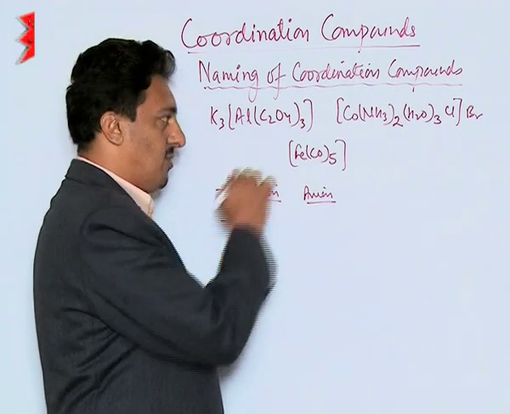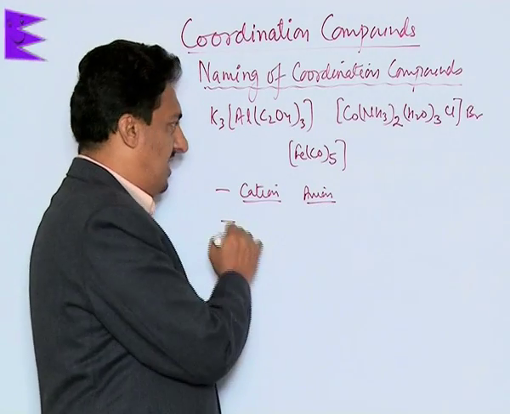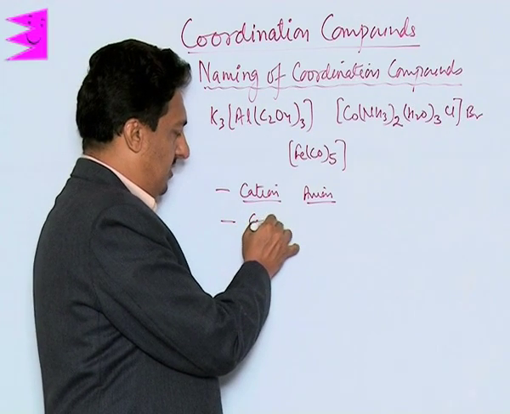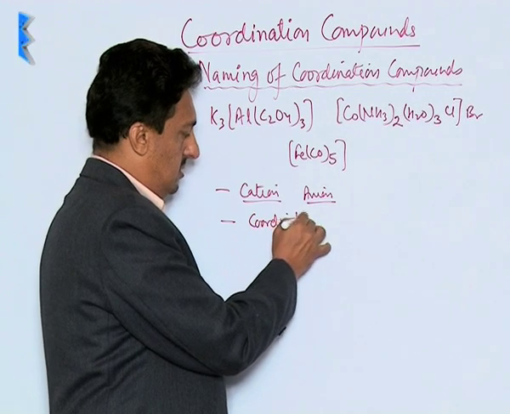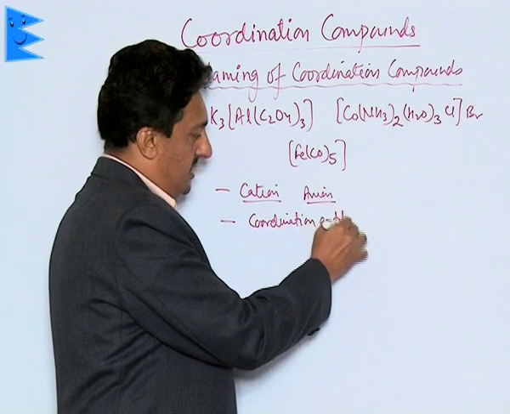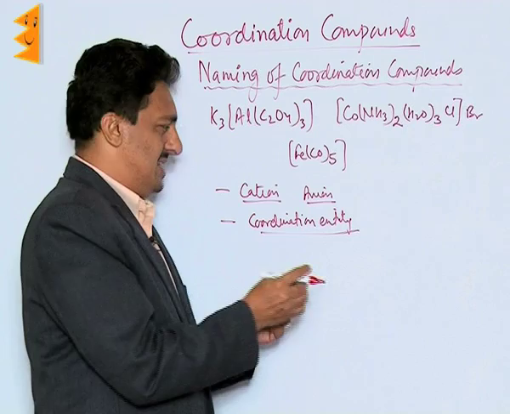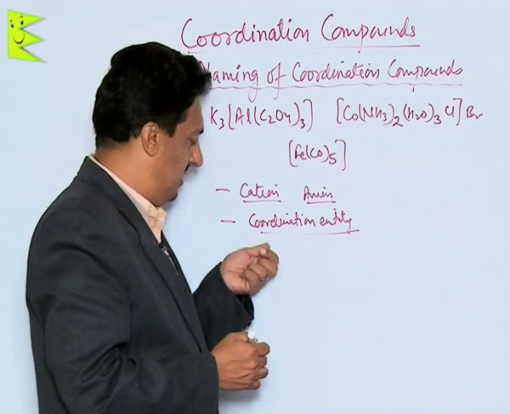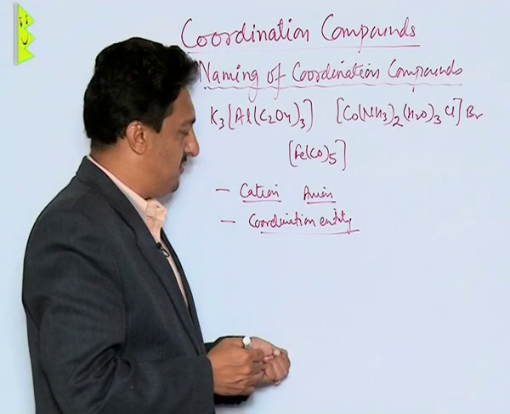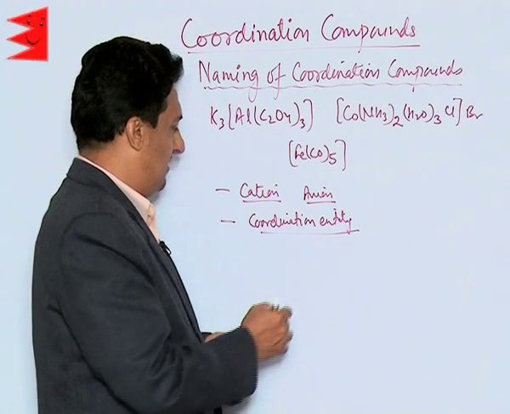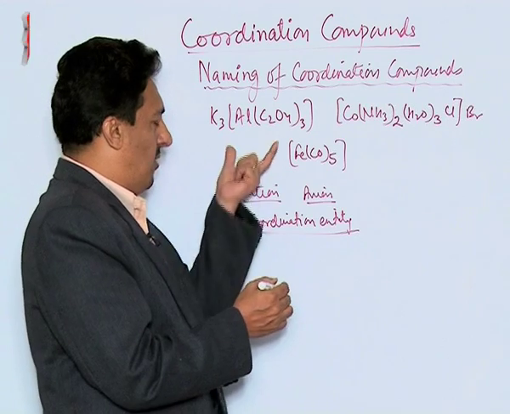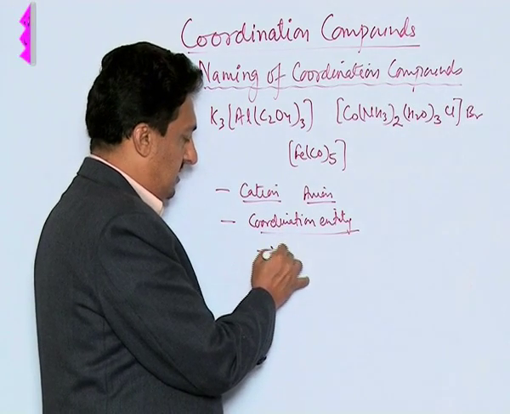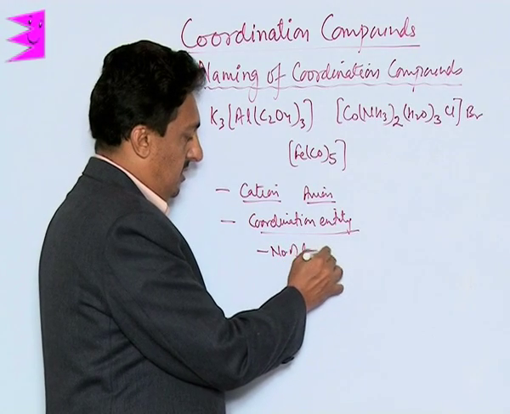Now, how to write down the coordination entity? I'm talking about how to write down the name of the coordination entity. It's the same except one very simple difference which will come automatically when the different steps are taken into consideration. The coordination entity's name always starts with the number of ligands.